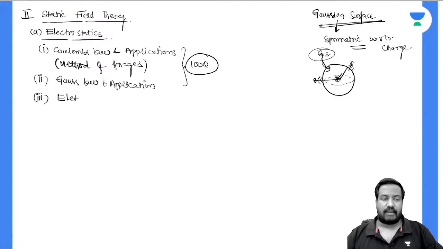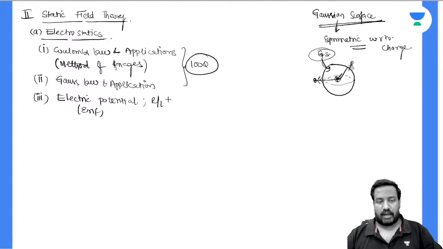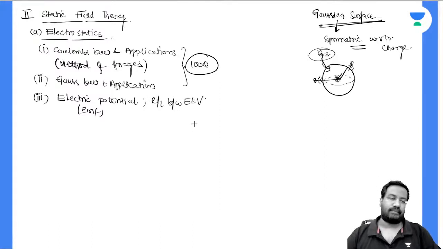Along with that, we have seen topics like electric potential, also called as EMF, electromotive force. It's in topic called relation between E and V. These are the main concepts that we have discussed under electrostatics.